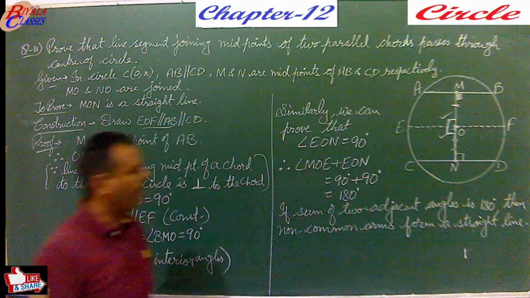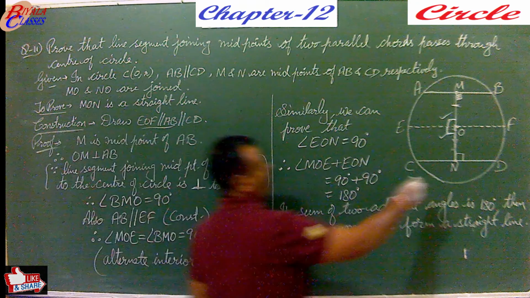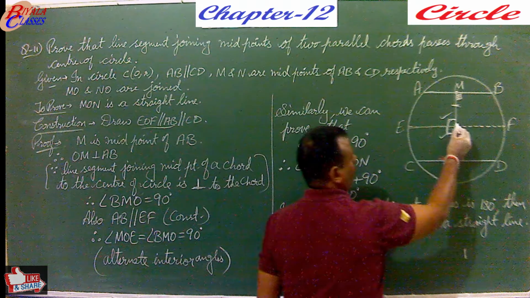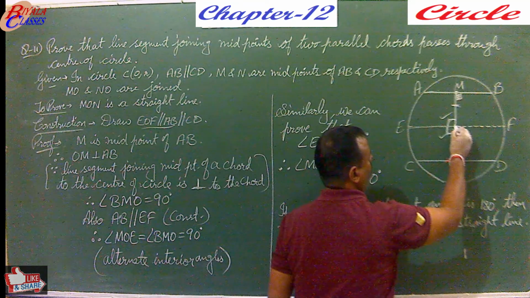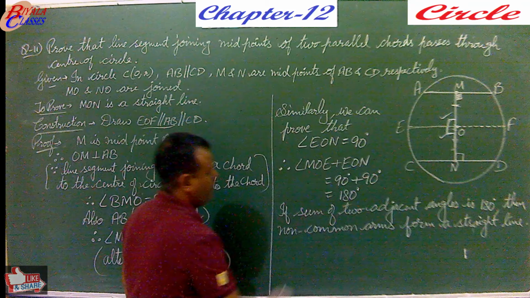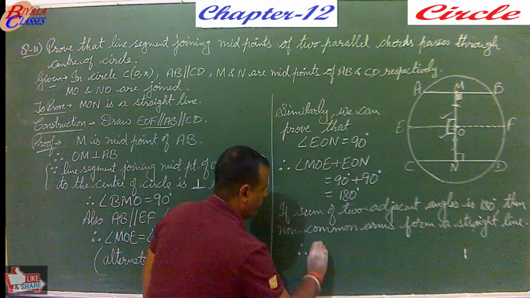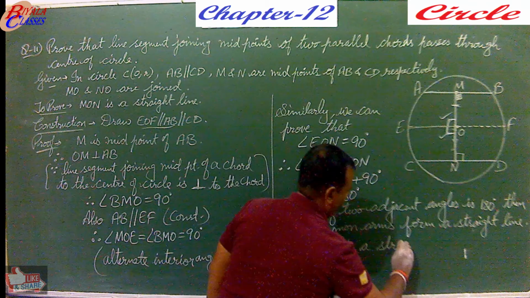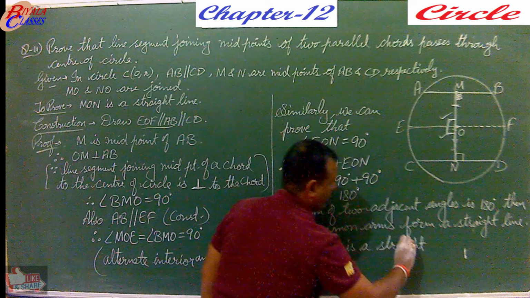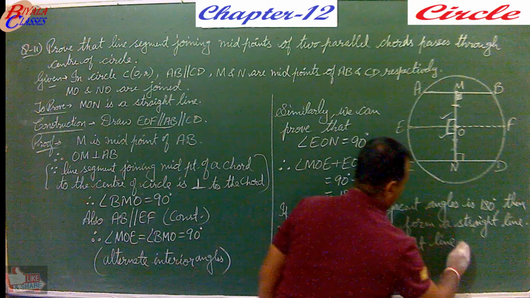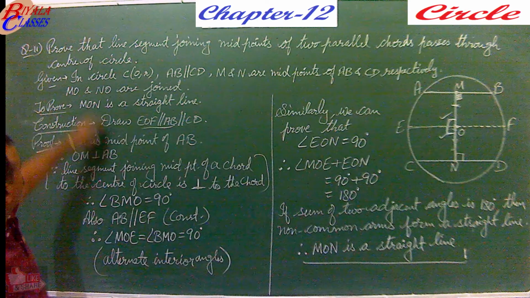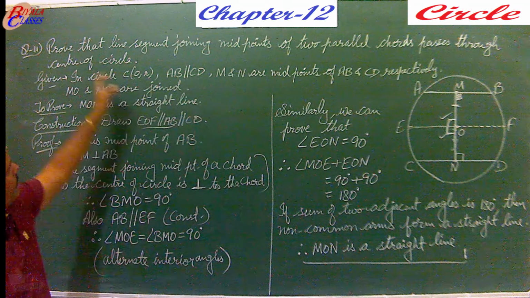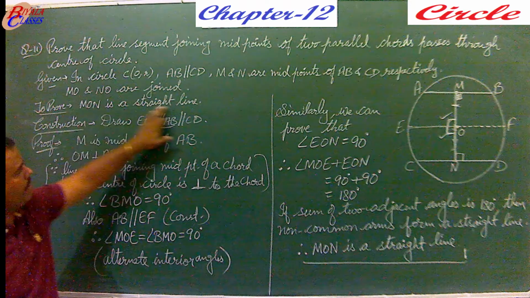The two non-common arms will form a straight line. Now here these are the adjacent angles. OE is the common arm. So the non-common arms are OM and ON. So they will form a straight line. Therefore, we can say that MON is a straight line. And this is what we had to prove, that the line which joins the midpoints passes through the center of the circle, that is, MON is a straight line.